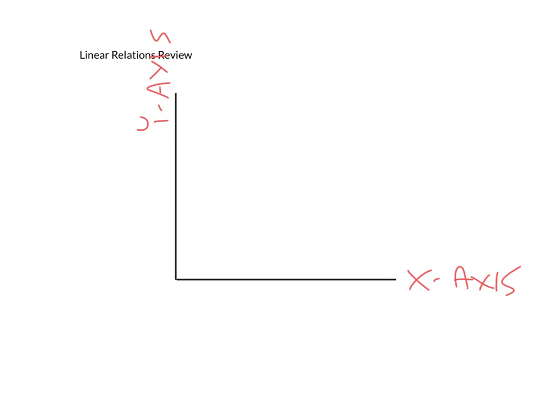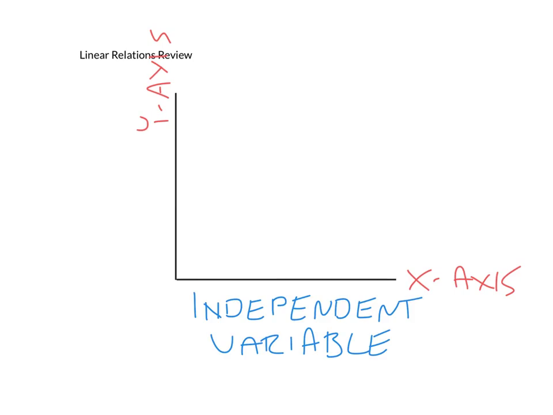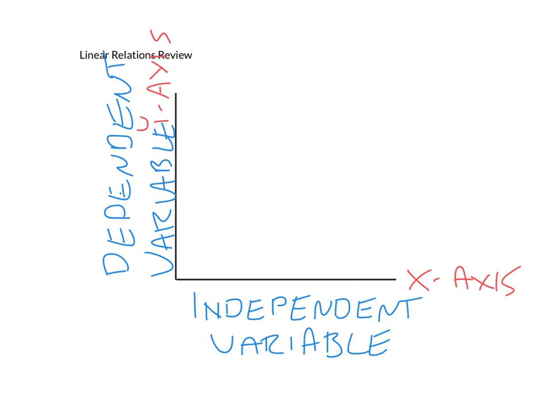So our x-axis goes left and right, our y-axis goes up and down. So we would put our independent variable along the x-axis. And we would put our dependent variable along the y-axis.